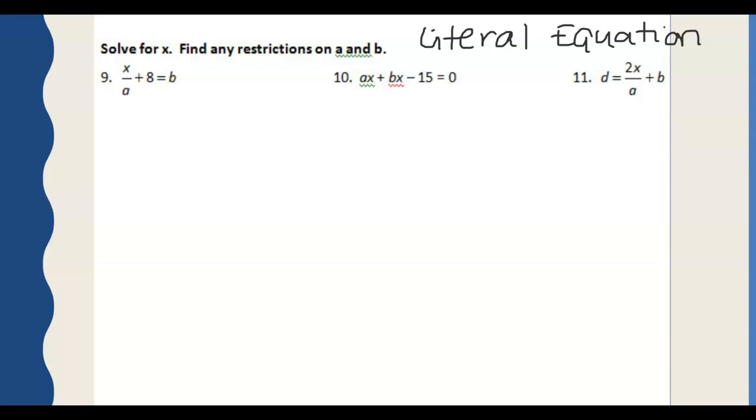They're going to equal other variables. So in number 9, you have x divided by a plus 8 equals b. We want to solve for x. So first you're going to subtract 8.